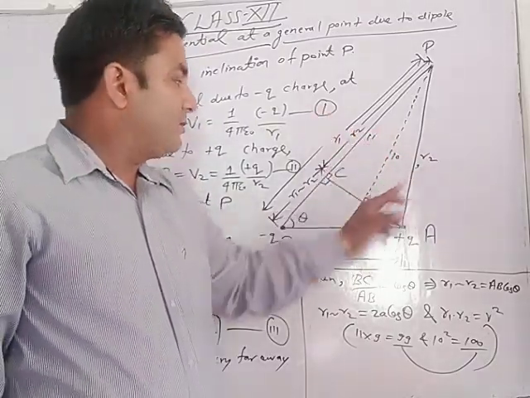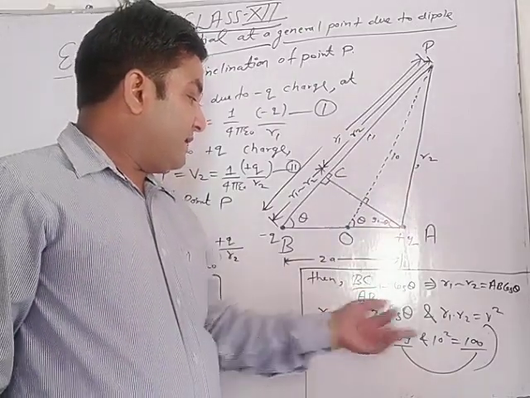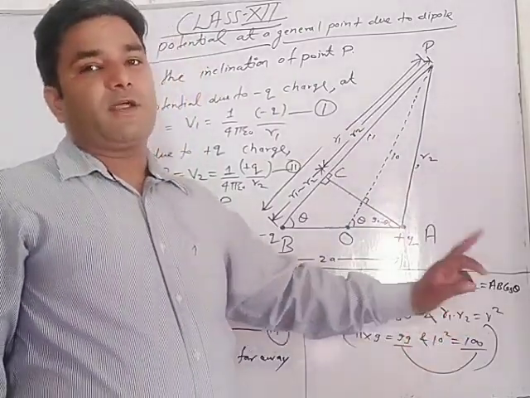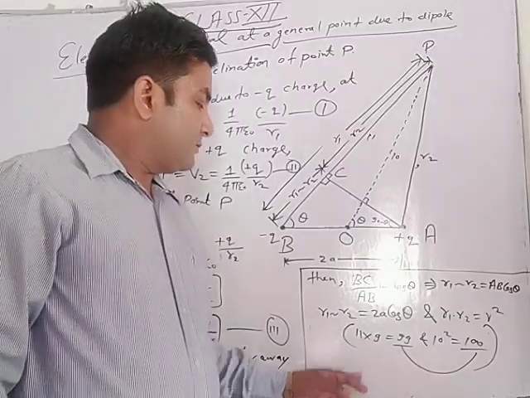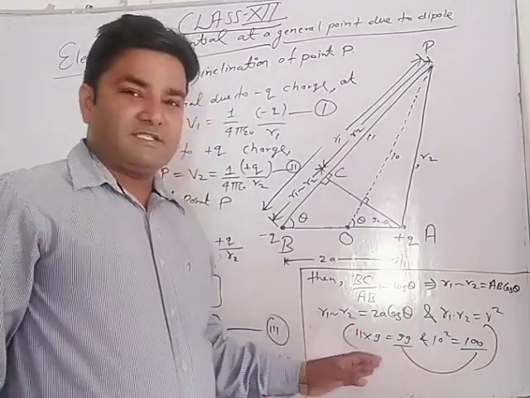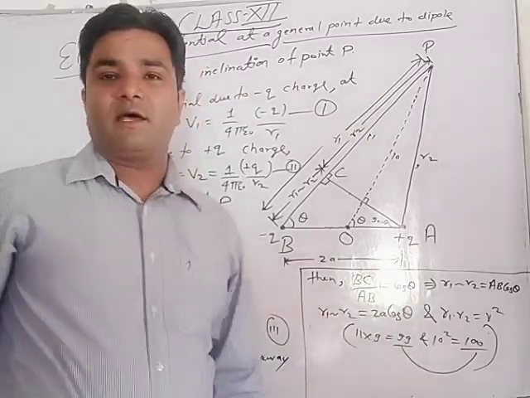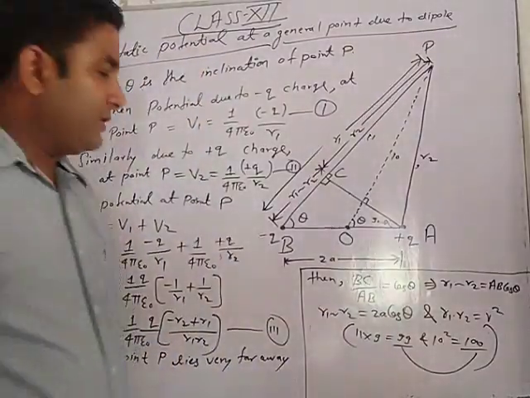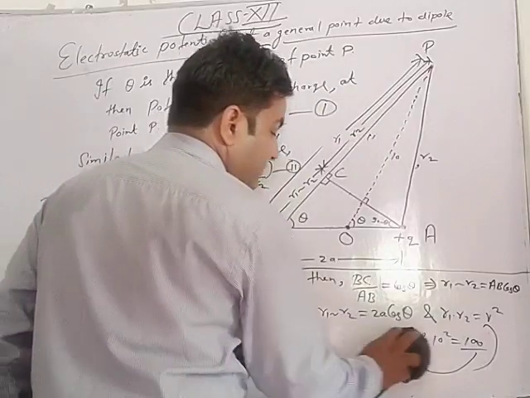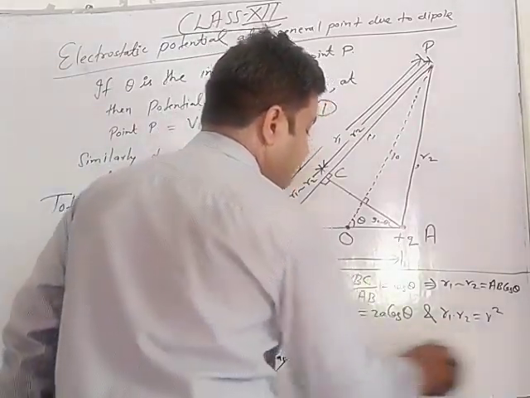It means R1 and R2 whenever taken as a product will be equal to the square of R. So this is the general concept, only for understanding. We are taking R1 into R2 is equal to R square, but you will write it directly, no need to write this, it is only for understanding.